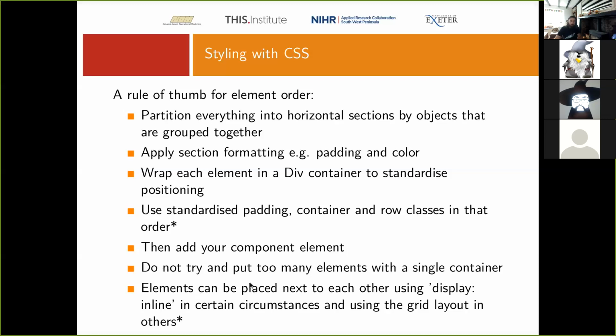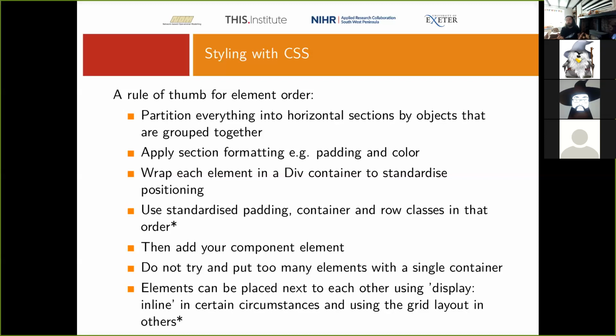One thing that catches people out with HTML and CSS is putting stuff next to each other. Things don't necessarily want to go next to each other, they want to go underneath. There's display inline, which works in some circumstances, particularly with lists.